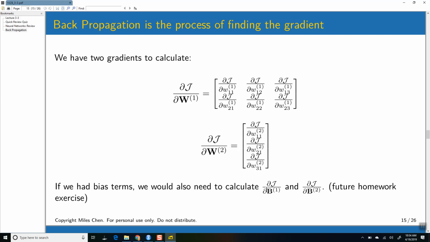If we had bias terms, we would also have to figure out the gradient with respect to bias matrix 1 and bias matrix 2. I put that as a future homework exercise. In class, we'll go through these two, and I'll leave the rest up to you in your future homework.